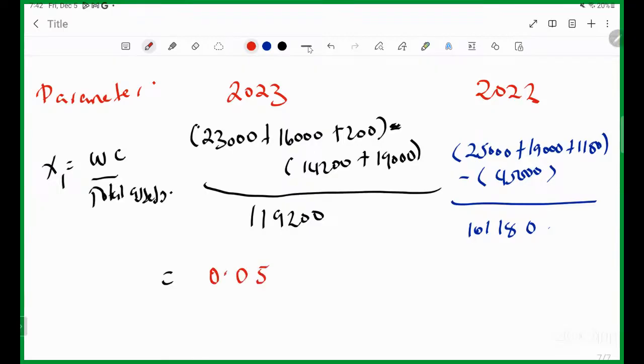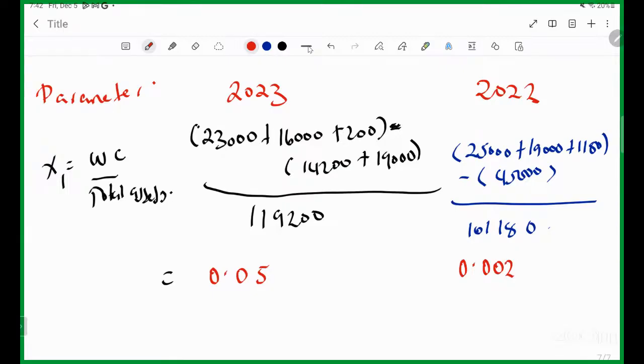Okay. What about under 2022? 0.002. 0.002 what?